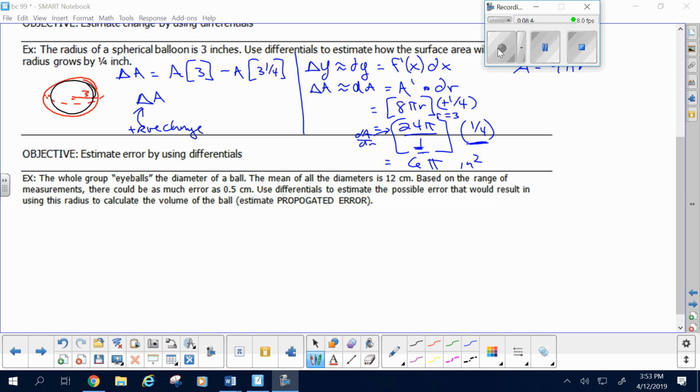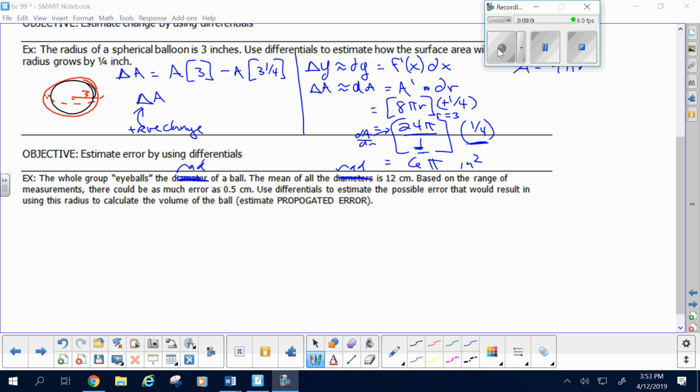This is a science application of differentials. If a whole group just tried to eyeball and take a guess at the diameter of a ball, and they found the mean of all their guesses was 12 centimeters, I think your notes say radius is 12 centimeters. Based on the range of measurements, there could be as much error as a 1/2 centimeter.